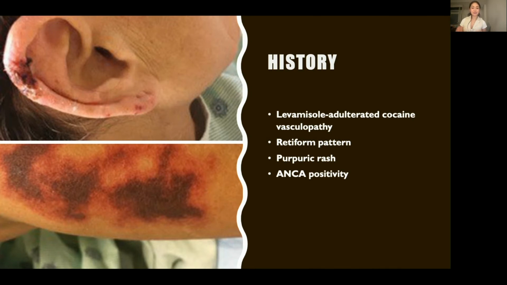So you get this retiform net-like purpuric rash in patients who actually have to be ANCA positive before, and then they might take some cocaine which has been contaminated with levamisole, which I think is a pet drug. If I'm wrong, I'm sorry. And then you get this kind of picture. So I just think it's interesting. It's always worth asking patients if they smoke, do they drink, do they do drugs, as awkward as it may be. Okay, next slide.